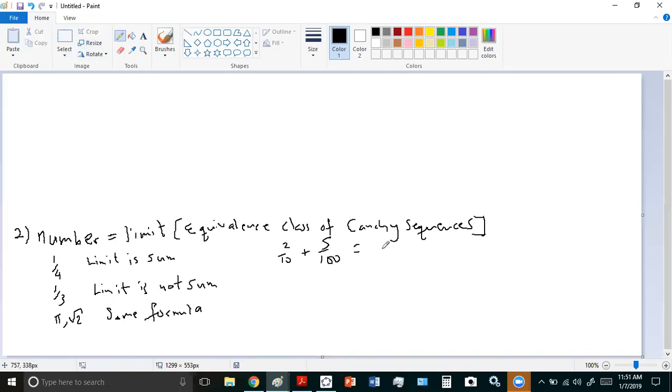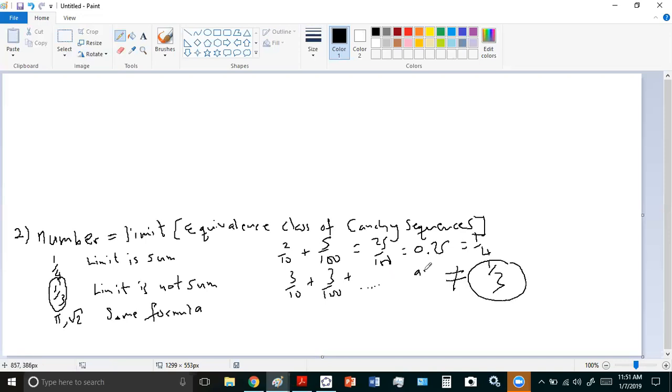That is 25 over 100, which is 0.25, which is a quarter. But in the case of a third, the limit is not the sum because it doesn't matter how many terms you sum in this series. You can sum them forever and you'll never, ever get to 1/3, okay? Because of a r^n over 1 minus r, okay?